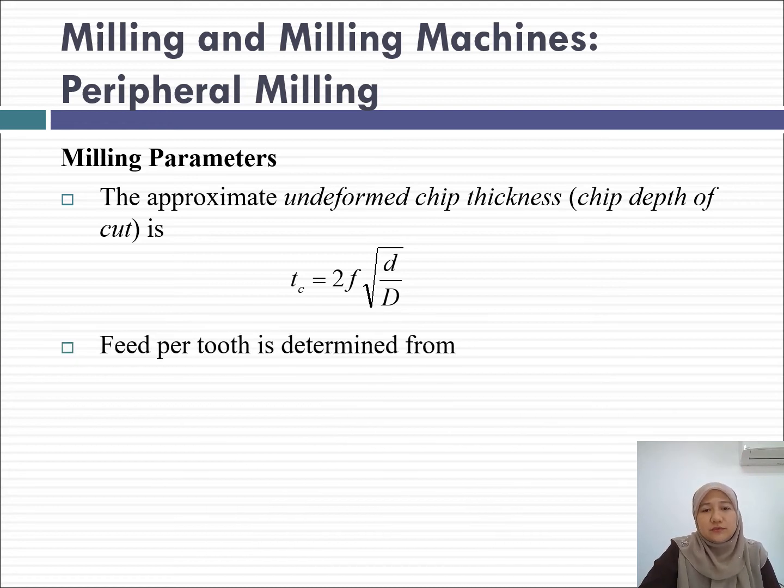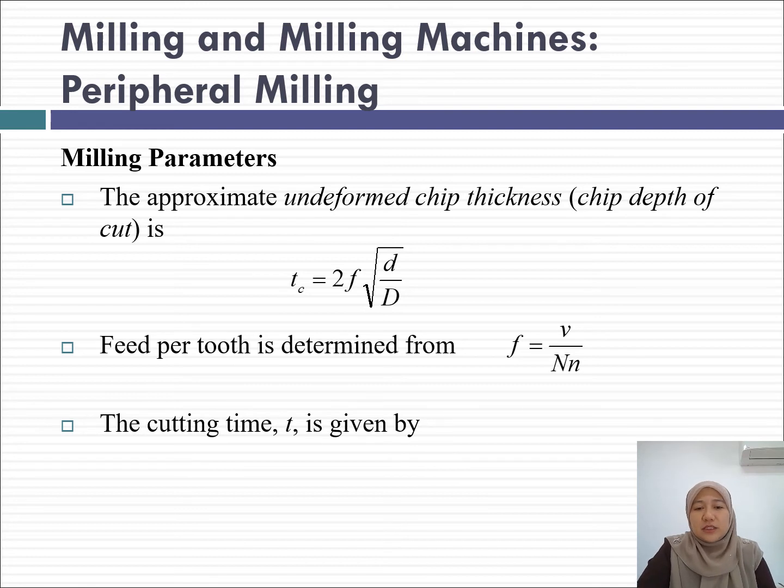The feed per tooth f is in the unit of millimeter. We get this from the cutting speed v divided by N times n, where N is the spindle speed in revolutions per minute, and n is the number of teeth of the milling cutter.